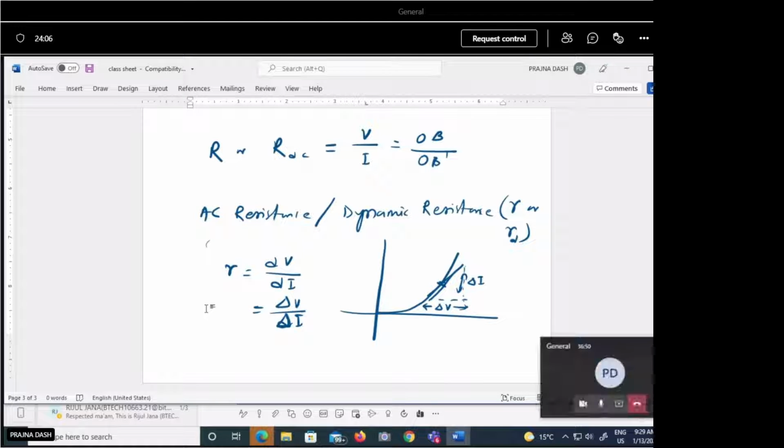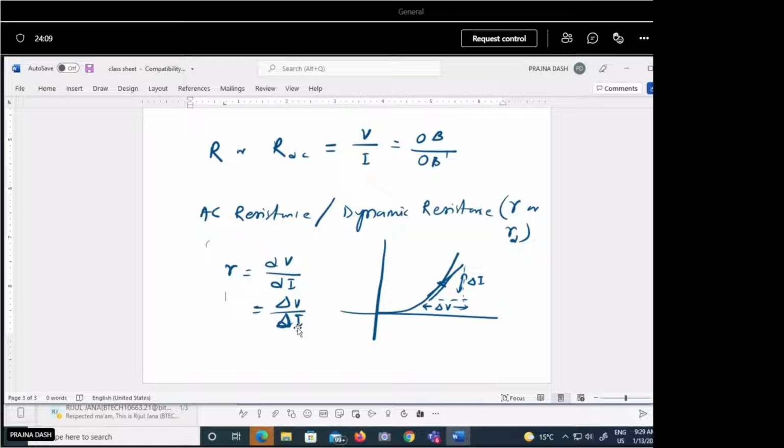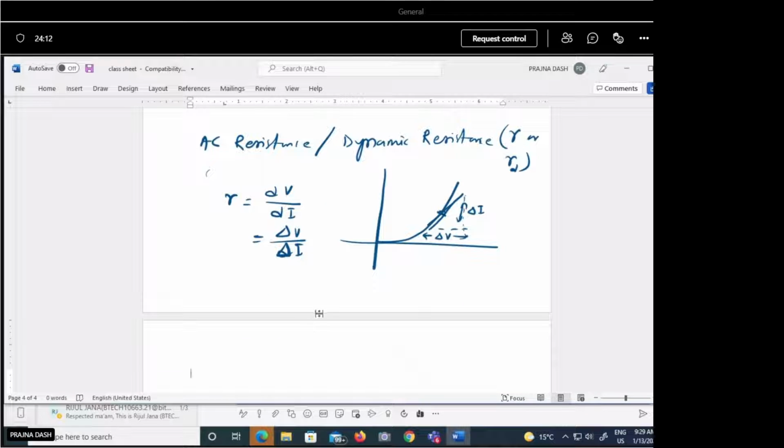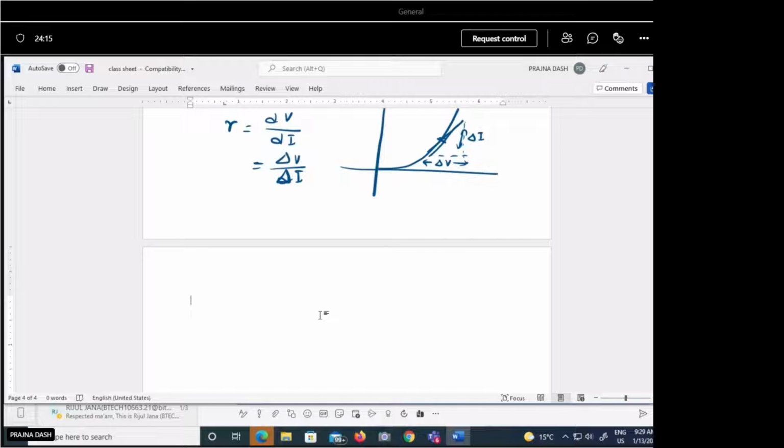With the diode equation, just take the differentiation of the diode equation for finding the AC resistance. So the diode current ID is equal to I naught e to the power Vd by eta Vt, minus 1.